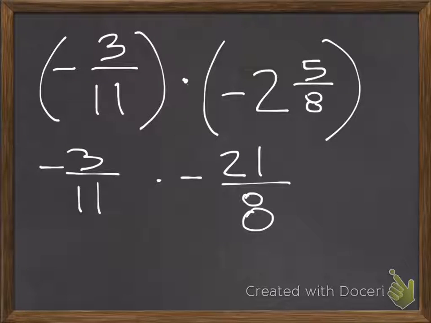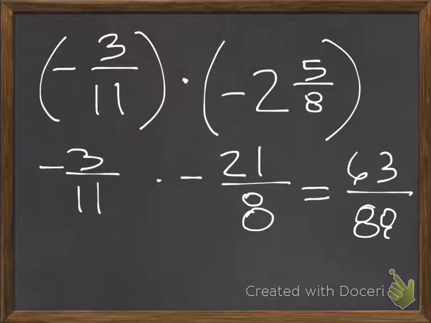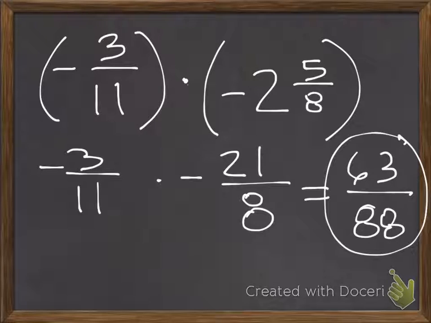Now we can look to see if we can cross simplify, which we cannot, so we're just going to multiply our numerators and our denominators, and we get 63/88, and we can't simplify anymore. Notice that this is positive because we have two negatives. When we're multiplying two negatives, the answer is positive.